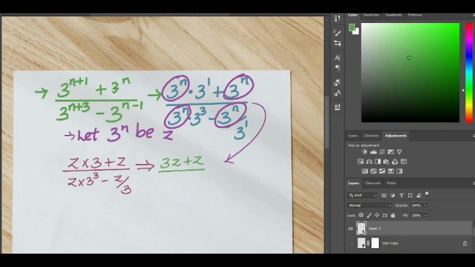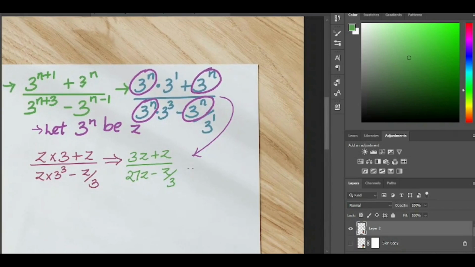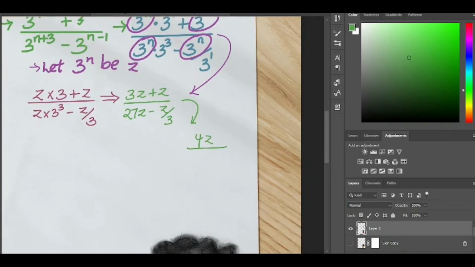So when you take 27 times z, you're going to get 27z and then minus z over 3. When we add the numerators 3z plus z, we get 4z. For the denominator, we are taking 27 minus a third z, and that is going to give us 26 and 2/3 of z.